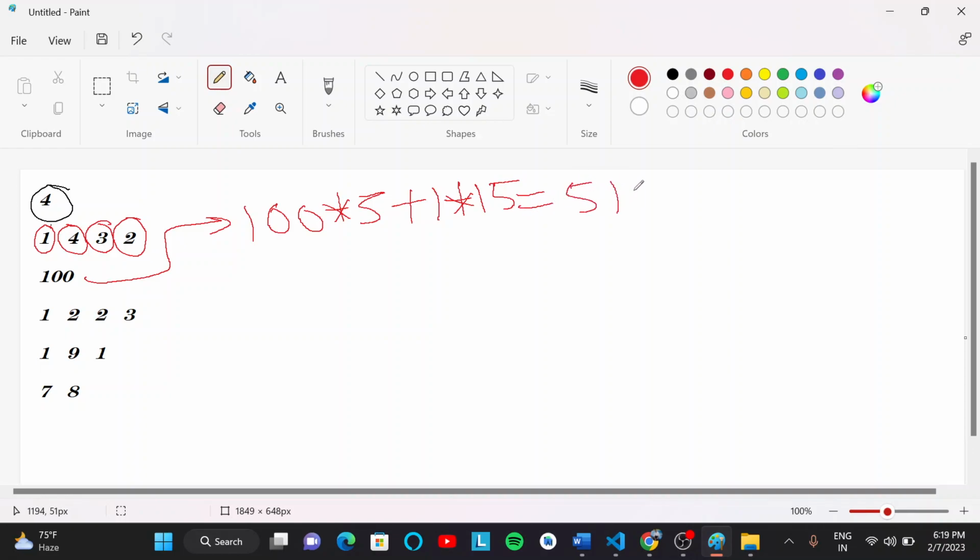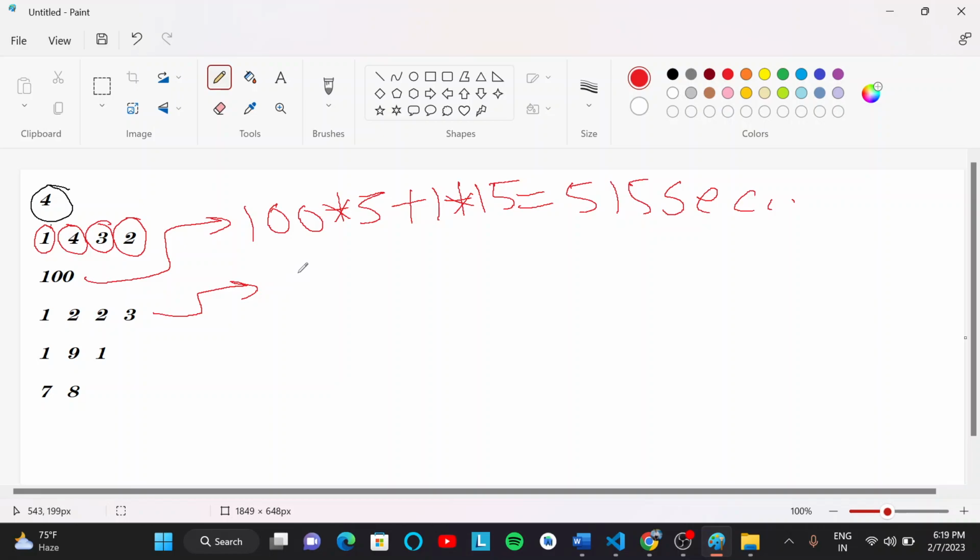So 515 seconds the cashier will take. Now we will jump to the second window. The second window has 4 people, and the first person has 1 product, the second has 2, the third has 2, and the fourth has 3.